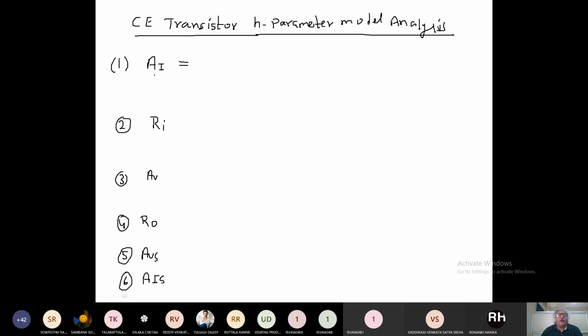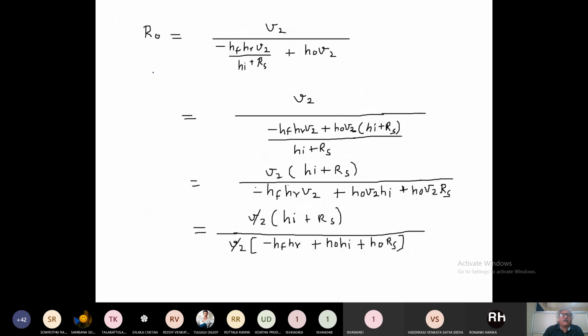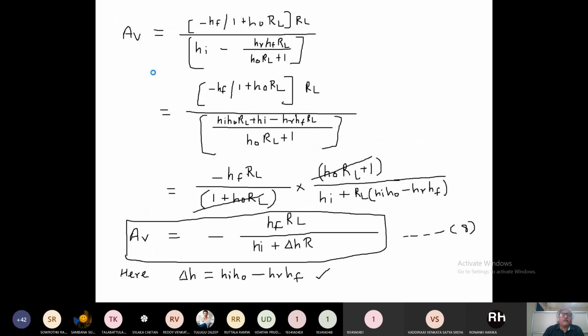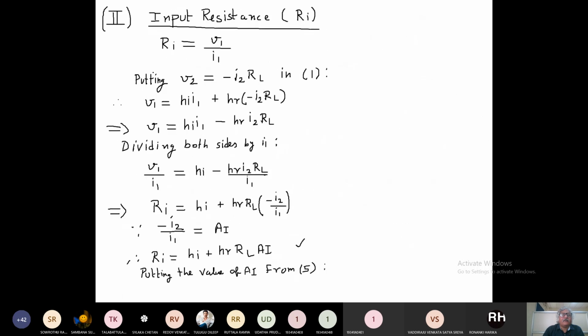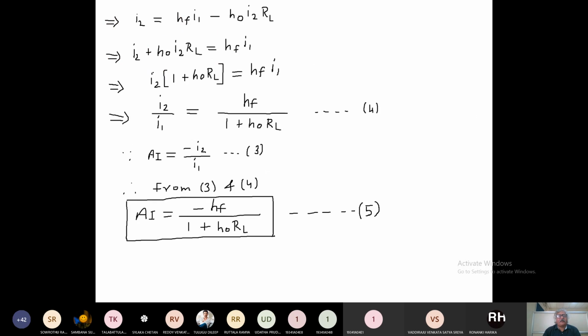Whatever expression you have derived for AI. What expression did we derive for AI? This is the expression of AI: AI is equal to minus HF by 1 plus HO RL, right?